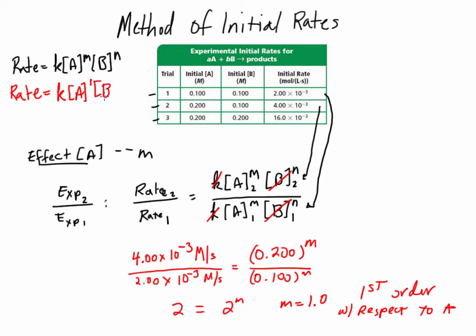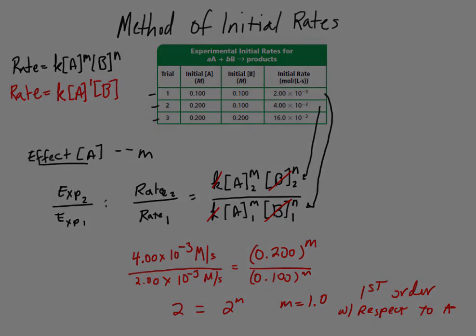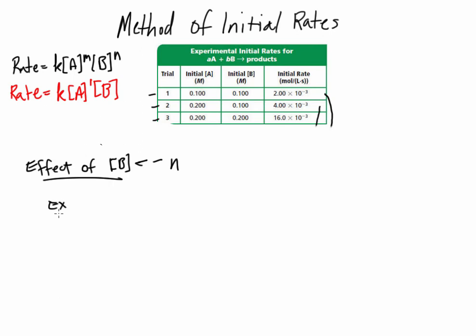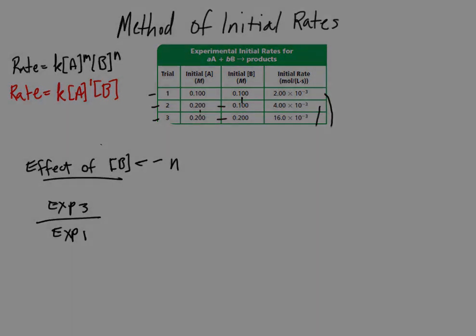What I'm going to do next is solve for B. Here's where these are changing, and these are staying the same. This is how I'm choosing: I want A to cancel out, so the concentrations of A are held constant, and in B they're changing. So I'm looking at experiment 3 and experiment 2. Oops, I said 1 when I meant to say experiment 2.